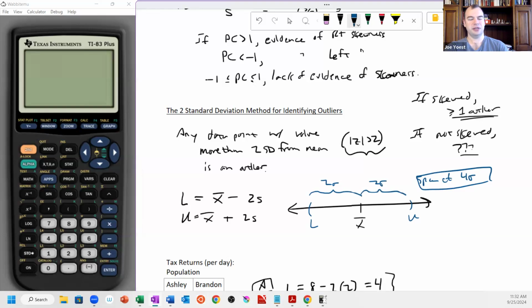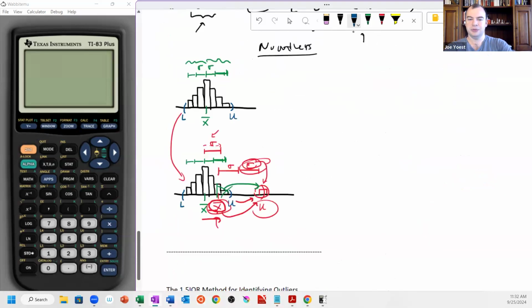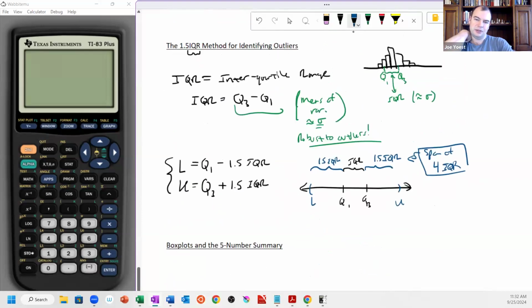And my range rule of thumb said that the range, the upper bound minus the lower bound, is approximately 4 standard deviations. So it's like my range, excluding outliers, looks like 4 standard deviations or 4 measures of variation. And here I'm choosing to use IQR as my measure of variation.